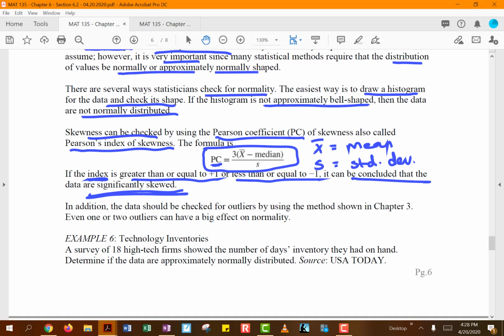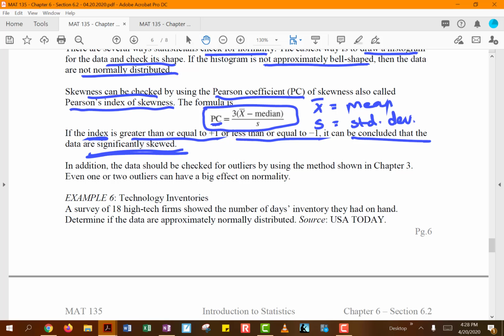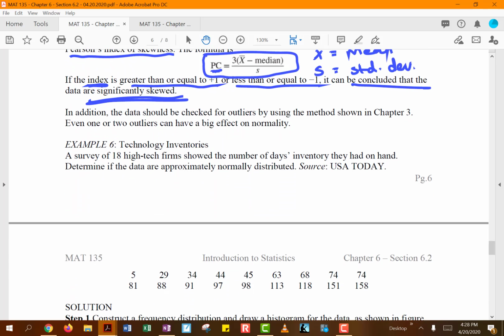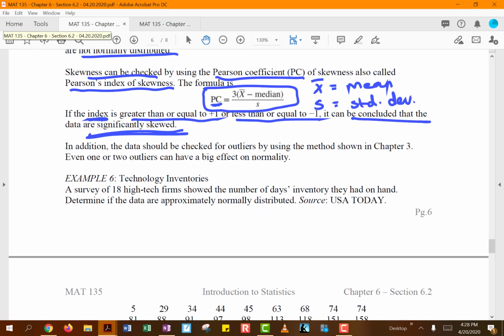Okay, so this will be the second thing we can do to check. So one is just draw the histogram and check its shape. The second one is looking for this Pearson coefficient of skewness to see if we are seeing values greater than or equal to 1 or less than or equal to -1. If they are, then our data is skewed. So let's put this to use and see what we have.